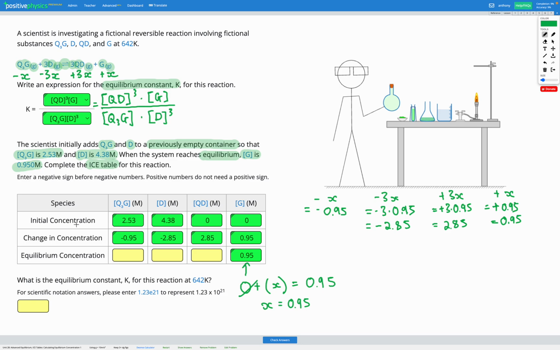All right, so finally we're ready to go ahead and calculate our equilibrium concentrations. To do that, we just take our initial and we add the change. So here we're going to have 2.53 minus 0.95. That's going to get us an answer of 1.58 molar.